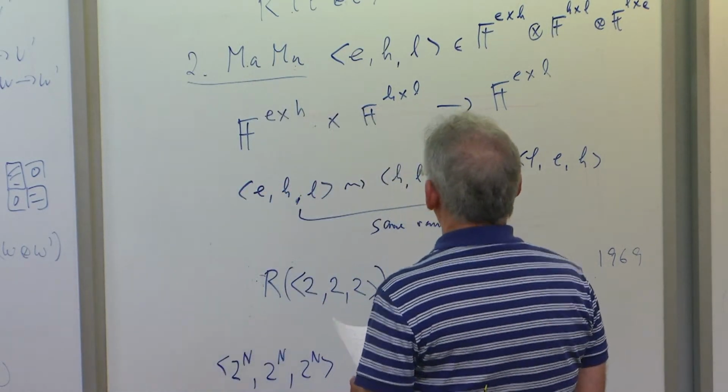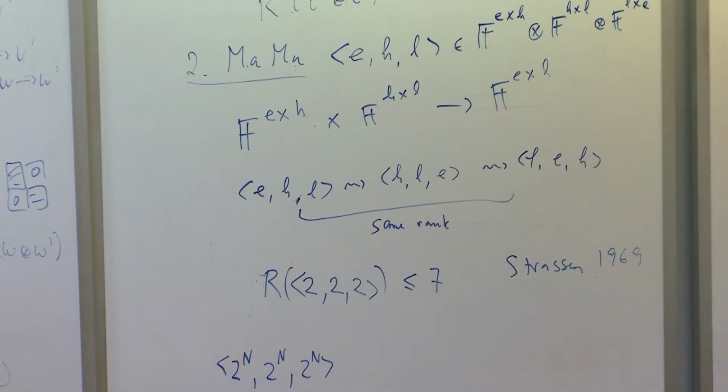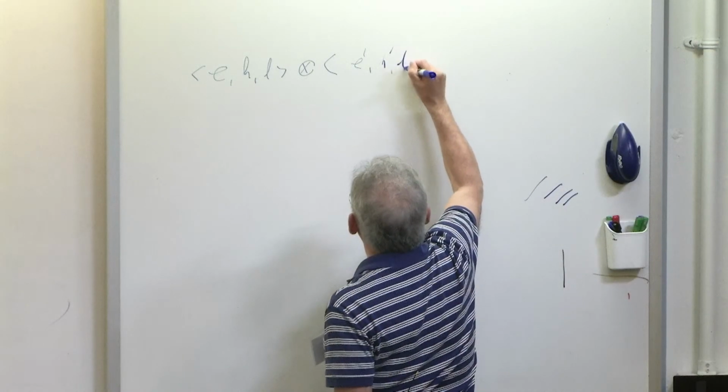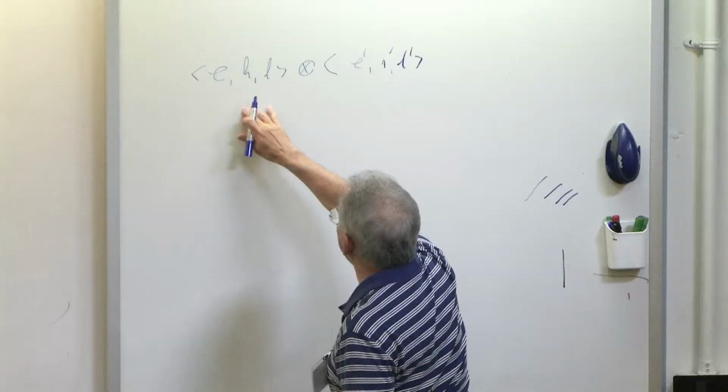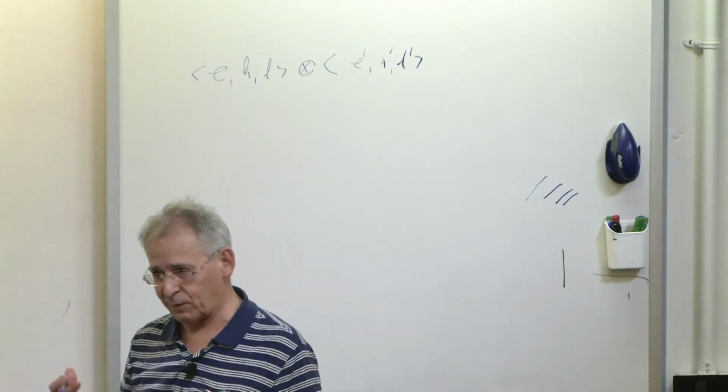There is something very important that I forgot to write. If I have two tensors of matrix multiplication, this one and this one, and tensor them, I again get the tensor of matrix multiplication.